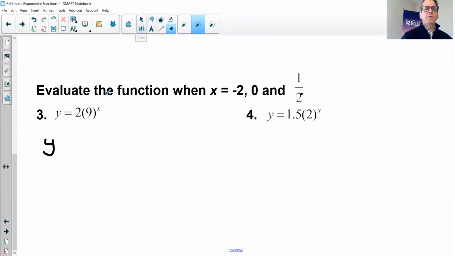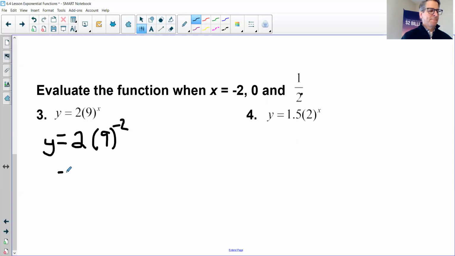All right. So let's substitute in. So 2 times the 9 raised to the x, which in this case would be -2. So if you were to evaluate this out, this would be 2 over 81.